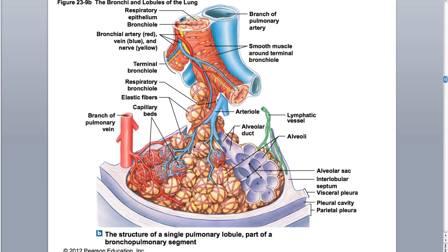Now, do you see how each one of these alveolar sacs are very tightly packed, tightly wound around like rubber band balls, tightly packed with blood vessels, the capillaries. You can also see from here we have our incoming. So we see our pulmonary artery incoming, and then we see our pulmonary vein leaving.